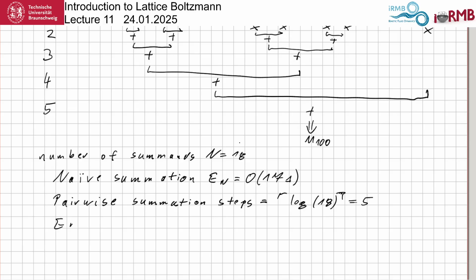So the error in pairwise summation is of order delta log n, which is usually considerably smaller than the order delta n.